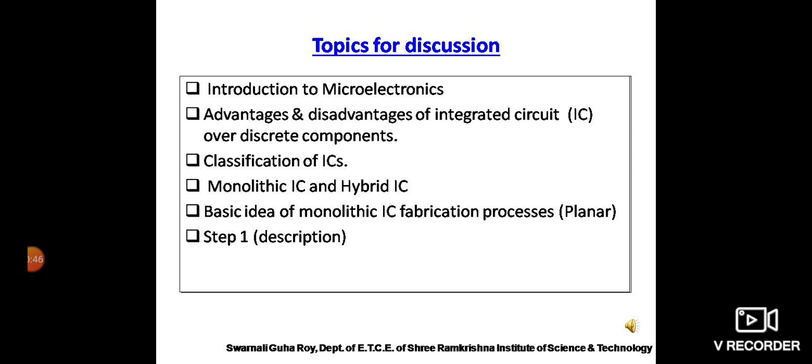Then I will tell you what are the different types of ICs commercially available to us, then about the features of monolithic and hybrid type of ICs, and then I will tell you about the basic steps for monolithic IC fabrication, specifically by planar technique, and finally ending up with the first step of substrate preparation of IC fabrication process.